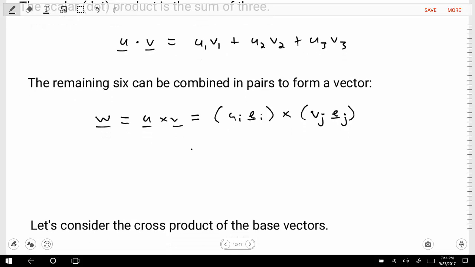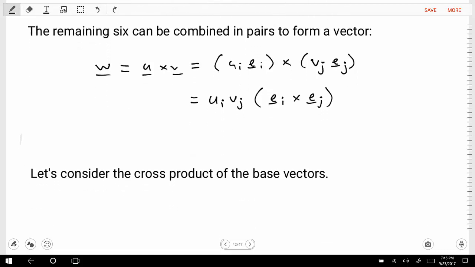Now if we rearrange and commute out the scalar quantities, the scalars meaning u_i and v_j, we end up with the operation of the cross products of the base vectors, e_i and e_j, right? So our scalars come out, and in essence it's the cross product of the base vectors.